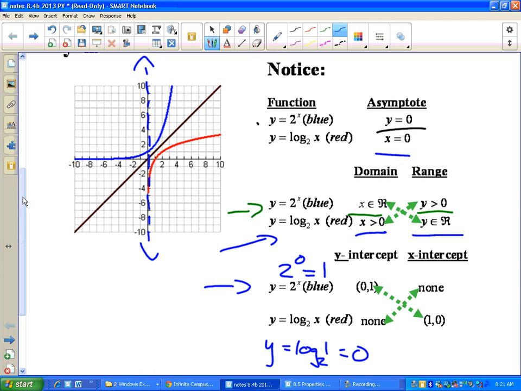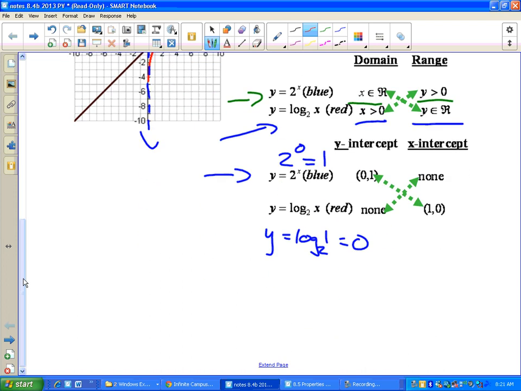So here, where I have 0, 1 in blue, I end up with 1, 0 every time in red. That's my reflection. That's the difference between logs. They're opposites. Any questions on this?